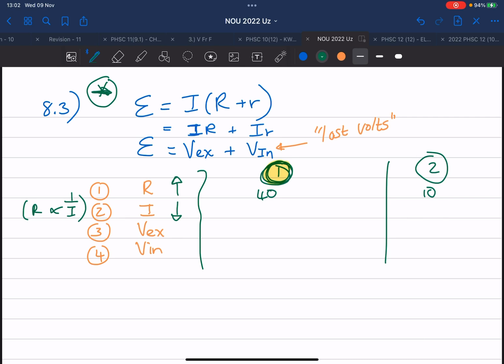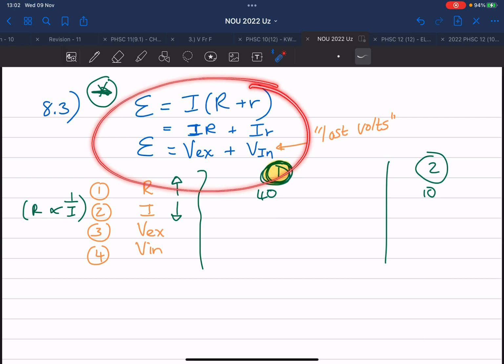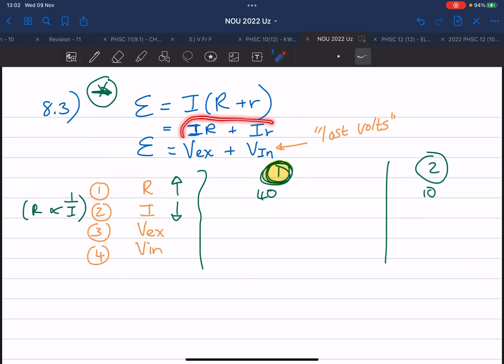Okay, nou gaan ek terug na hierdie formule toe. If I look at this formula, we saw that the resistance increased and the current decreased. So beteken dit dat niks hiermee gebeur nie? No, you can't say that. Okay, hoekom? Want we don't know if they increase with the same amount of minder of wat ook al.